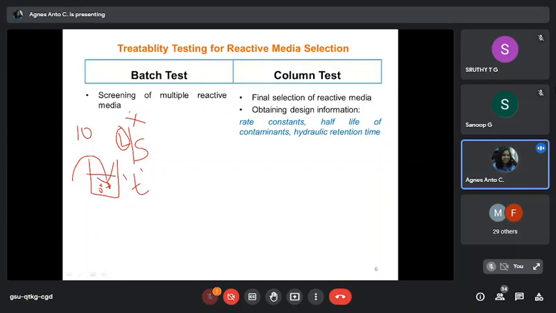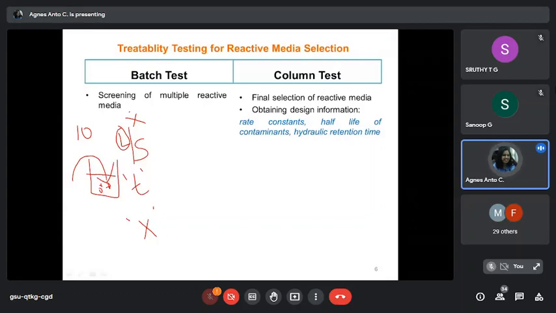Then you take out the supernatant, the liquid fraction, and test the concentration of the contaminant X. If you see that X is getting removed, the concentration is decreasing, then you can say my material can be used for removing the desired contaminant.